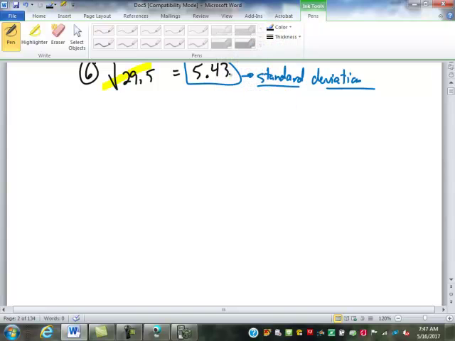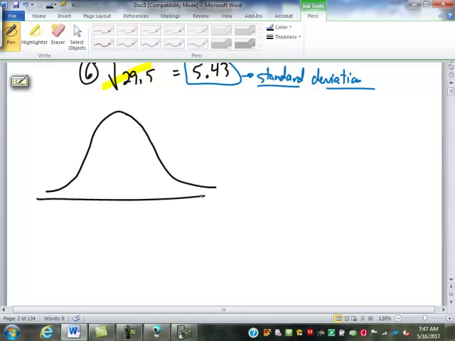Okay, so the big question is, what do we use this stuff for? The biggest application we're going to look at, remember we looked at that distribution yesterday with the bell curve. And we talked about how the mean, median, and mode, if it is a good normal distribution, should all be the same number.